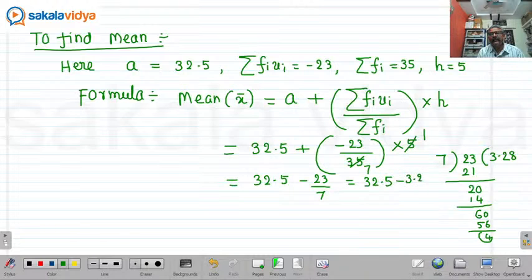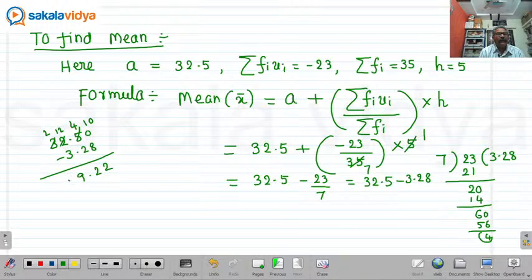How much will you be getting? You put 0 here, subtracting. So 10, this will be 4. 11, 12, this will be 2. 9. So this will be 29.22.